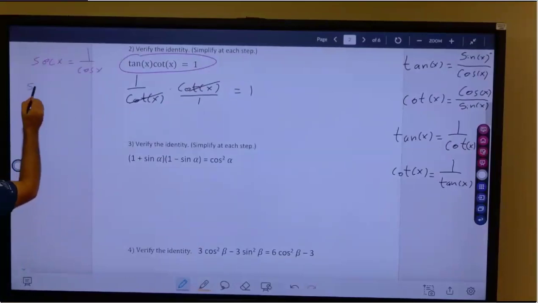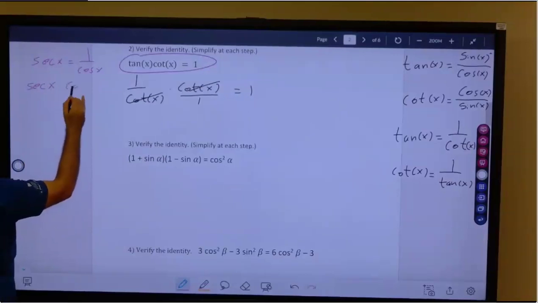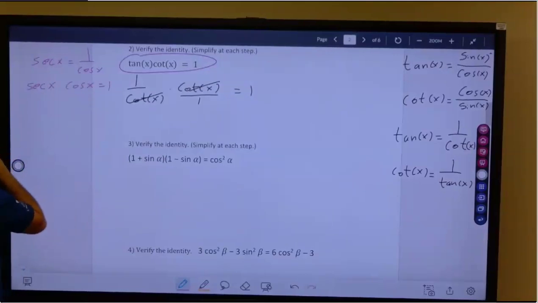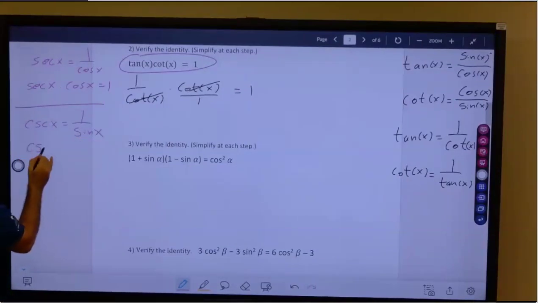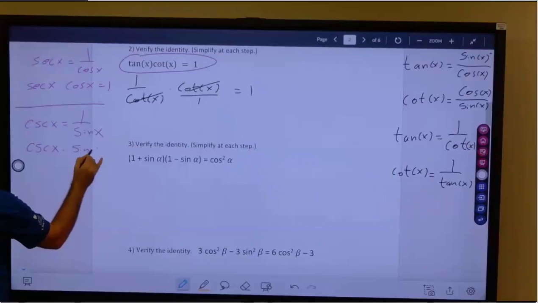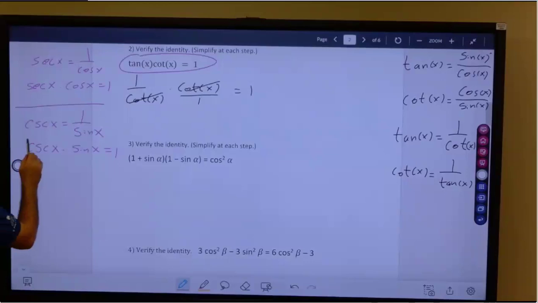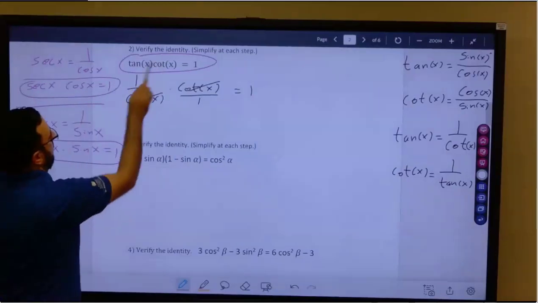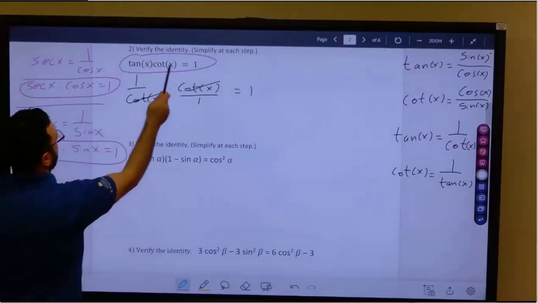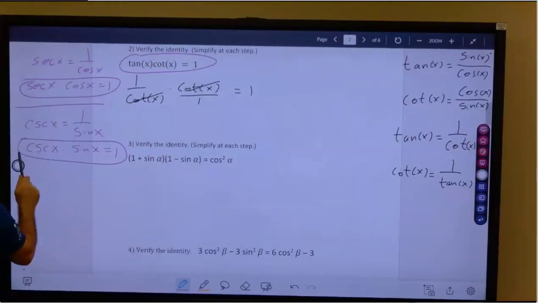That means I can say secant x times cosine x results in 1. And I already know the cosecant x is the reciprocal of sine x. So that means cosecant x times sine x equals 1. So these look like rules, also identities. Every time, tangent times cotangent equals 1, secant times cosine equals 1, cosecant times sine equals 1.